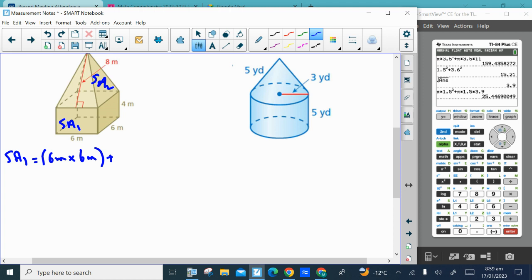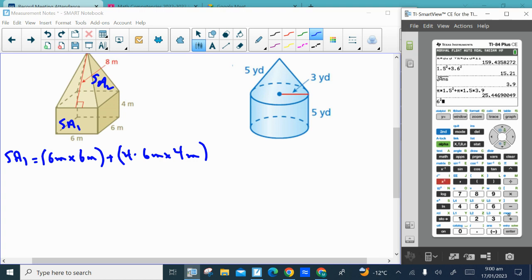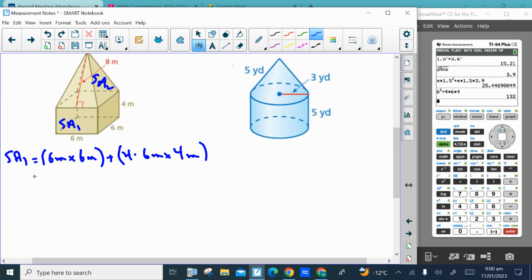And the formula for area of a rectangle is base times height. But again, in this case, there's 4 pieces that measure 6 meters by 4 meters. So 6 times 6, or 6 squared, plus 4 times 6 times 4 is 132. And that would be in meters squared.